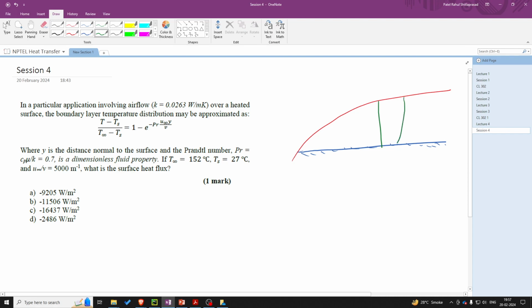So there is this temperature profile, and this temperature profile has been given by this equation.